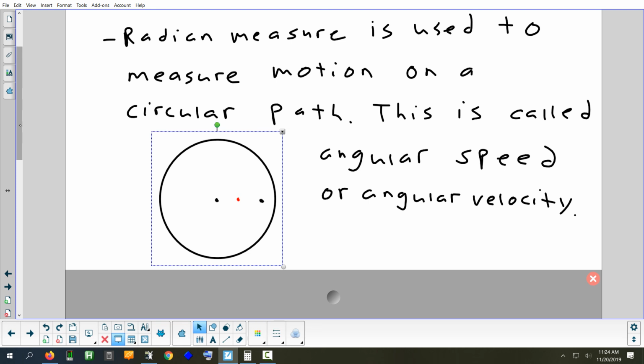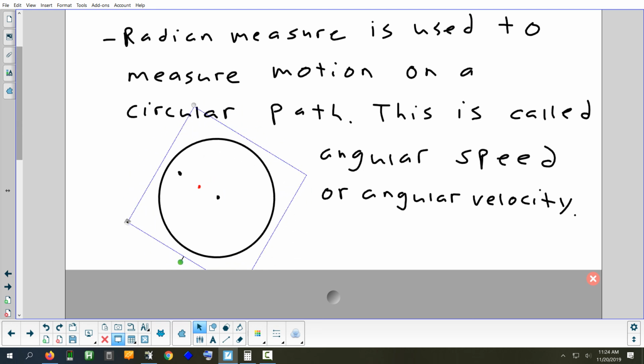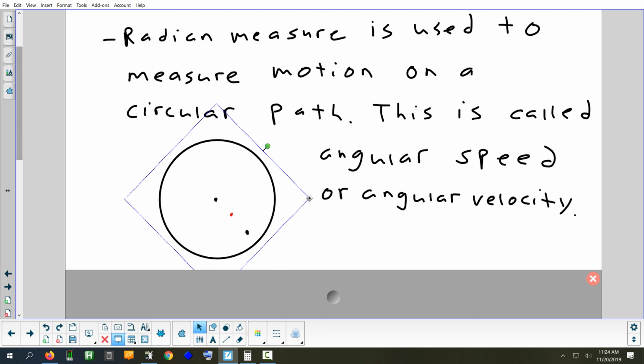Now, compare the amount of time it takes for all 3 of these dots for me to go like this, going around. How much time did it take the middle one versus the red one versus the black one to do each of their movements? The same. That's a problem.